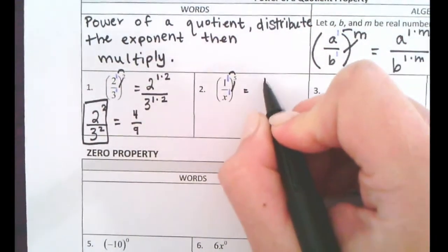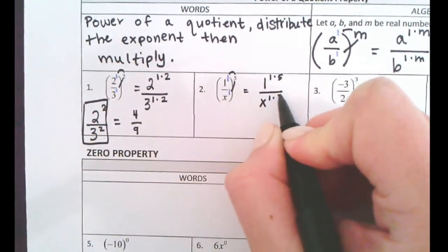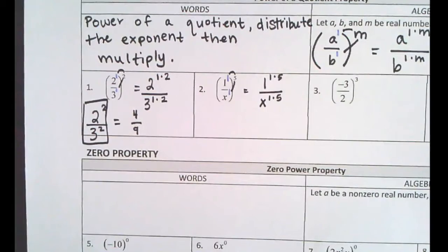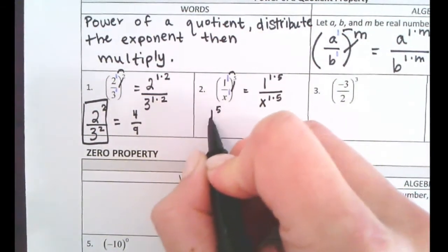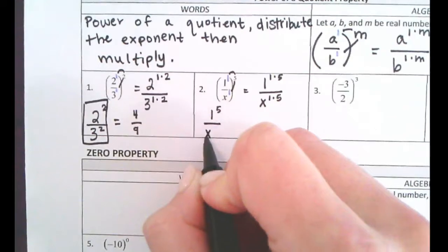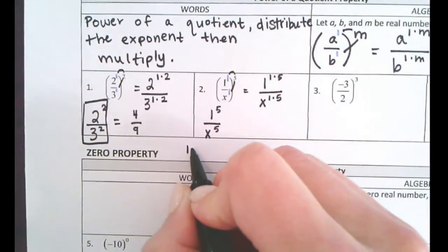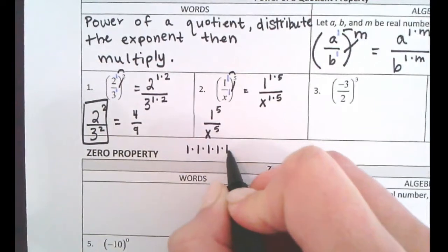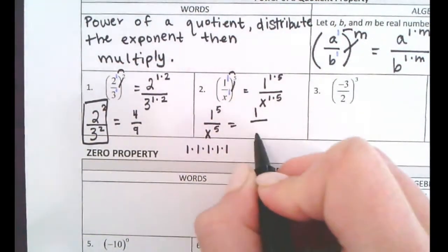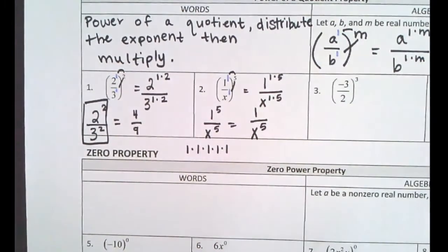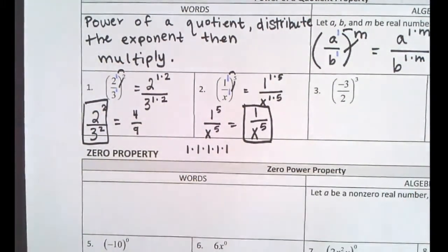So this becomes 1 to the 1 times 5 and x to the 1 times 5, which simplifies to 1 to the 5th power and x to the 5th power. Now 1 to the 5th power is just 1 times 1 times 1 times 1 times 1, which is equal to 1, divided by x to the 5th power. So I am going to simplify that 1 to the 5th.